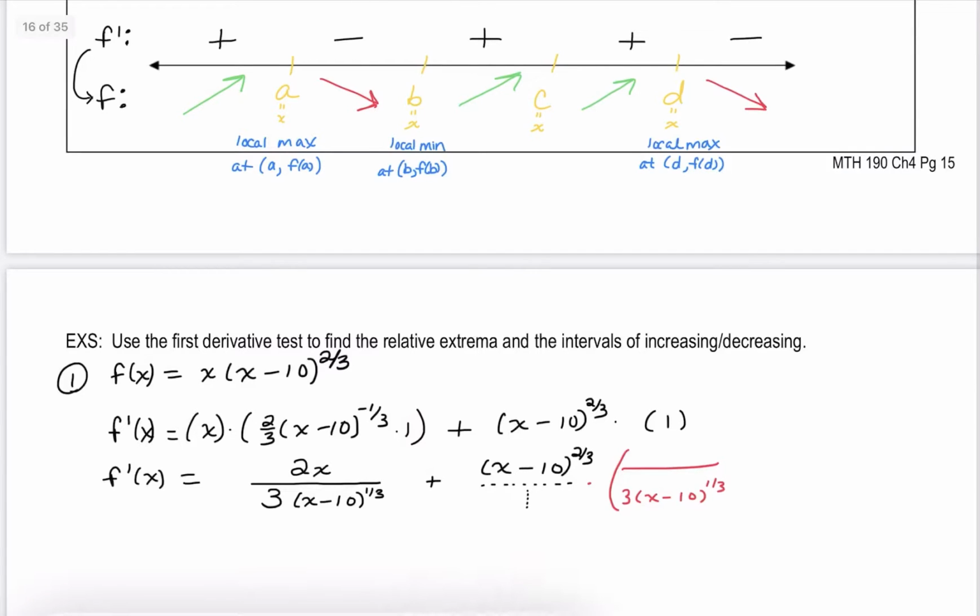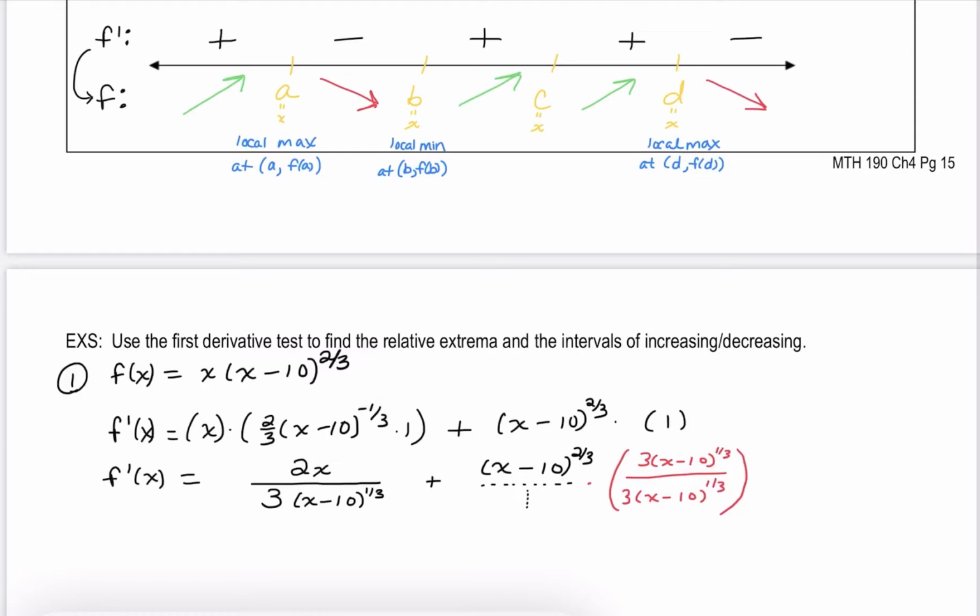So, the 3 quantity x minus 10 to the 1/3. Getting this simplified as one term is typically how I like to go, although it's not a requirement. You could have stopped at that point and just set it equal to 0 and maybe moved one term to the other side and cleared the denominators. That would have been just fine as well.